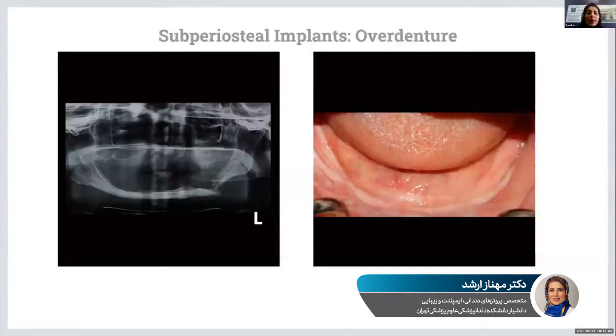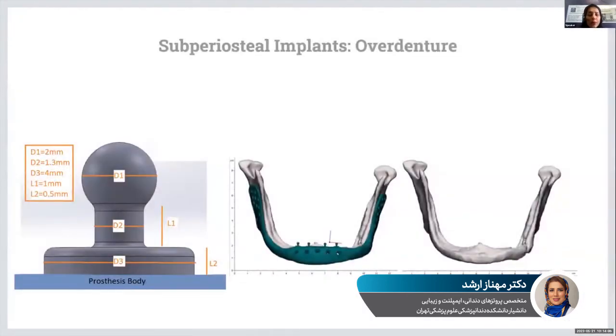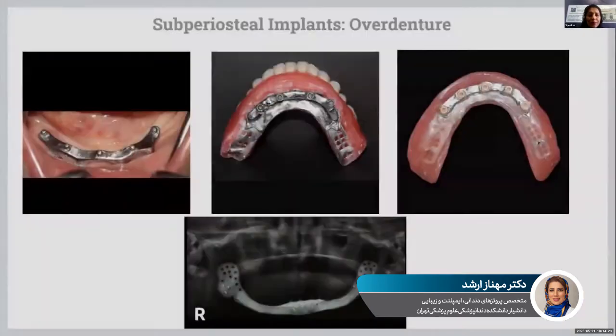You see the patient that we used the ball in. The patient came to our office with a left mandibular breakdown because of the severe atrophic ridge. And we designed the subperiostal implants with the ball type shape for the retention of the prosthesis and the structure for stabilizing the broken jaw.